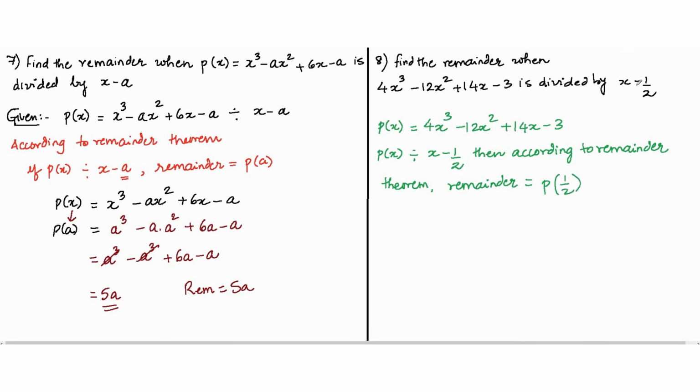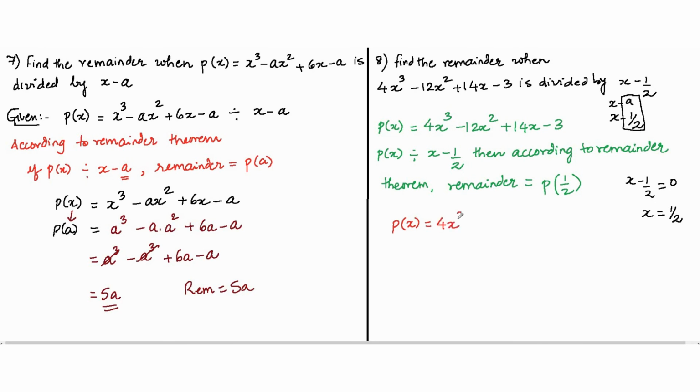Now, how did I conclude that? So if I take the divisor, it is x minus half. If I compare this with x minus a, the value of a becomes half. Or alternately, I can equate x minus half to 0, the divisor to 0, and therefore I get x equal to half, and this is my a, right? So now I need to find p of half.